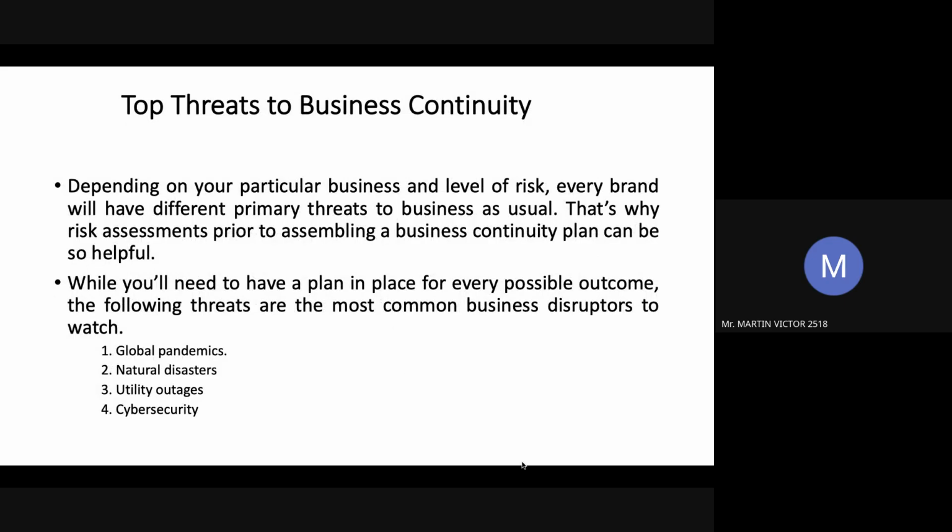So what are the top threats to business continuity? You can see in the list, there are 4: global pandemics, natural disasters, utility outages, and cybersecurity. We can talk about global pandemics more because 3 or 4 or 5 years back, the whole world faced this pandemic situation.